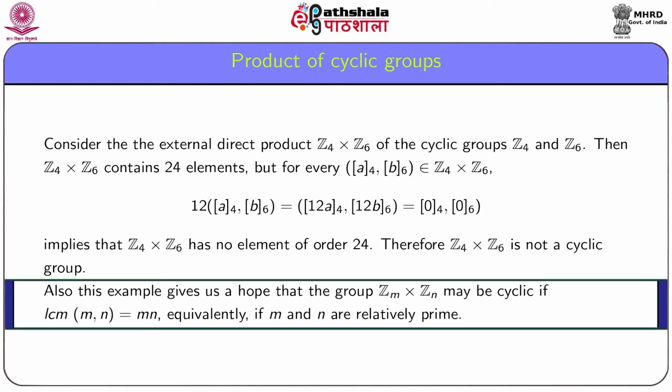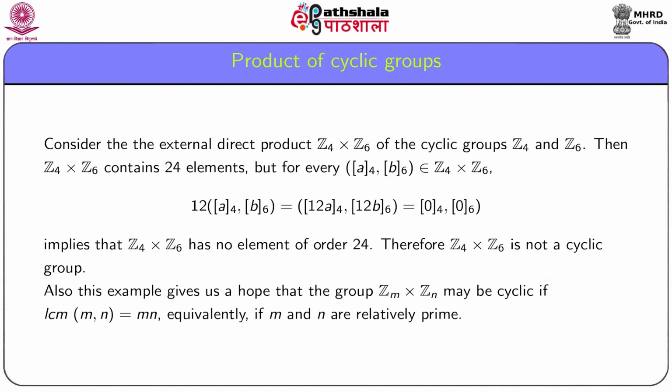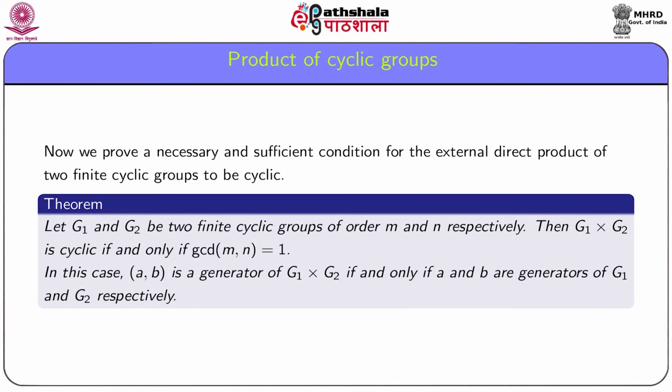Also, this example gives us a hope that the group Zm cross Zn may be cyclic if LCM of m, n is equal to m times n, that is, equal to the order of the group Zm cross Zn. Since we have the result that every cyclic group of order m is isomorphic to Zm, we have this result.